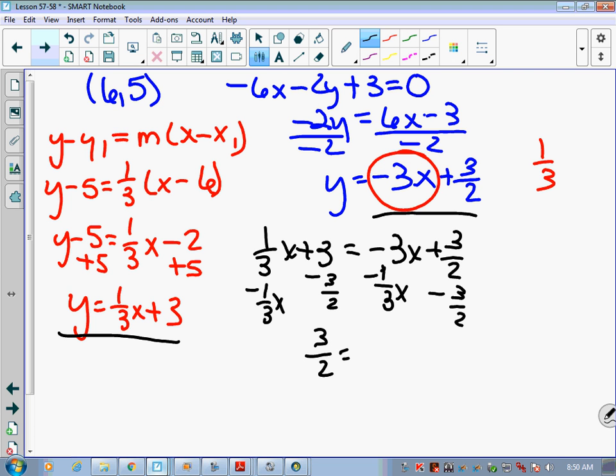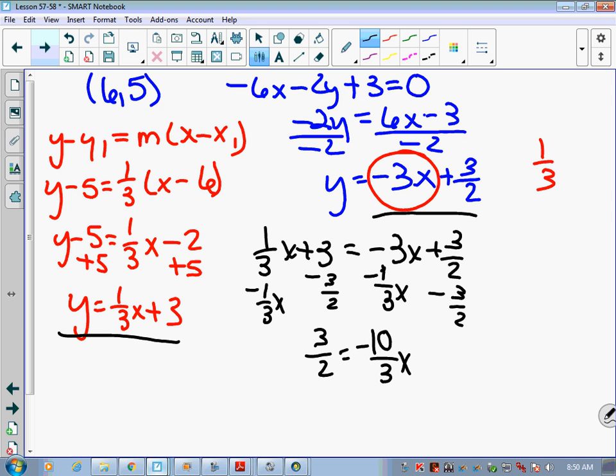What's negative 3 minus 1/3? It'd be negative 3 1/3. It'd be negative 10/3, negative 10/3. All right, so we've got negative 10/3 x.